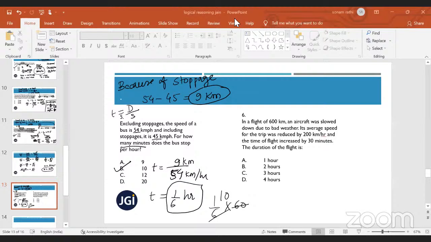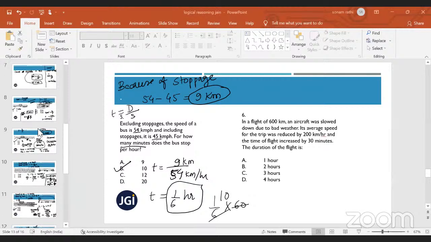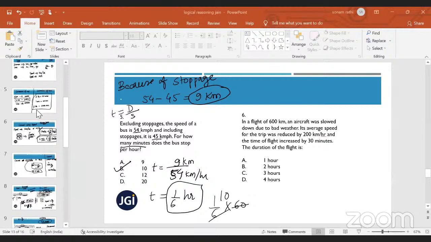Because we have to convert hour into minute. Basic calculation. How do you convert minute into hour? How do you convert hour into minute? I told you, na, basic calculation, this conversion.